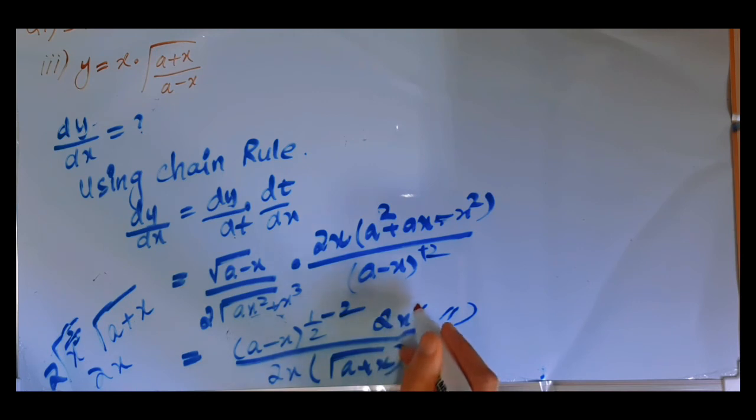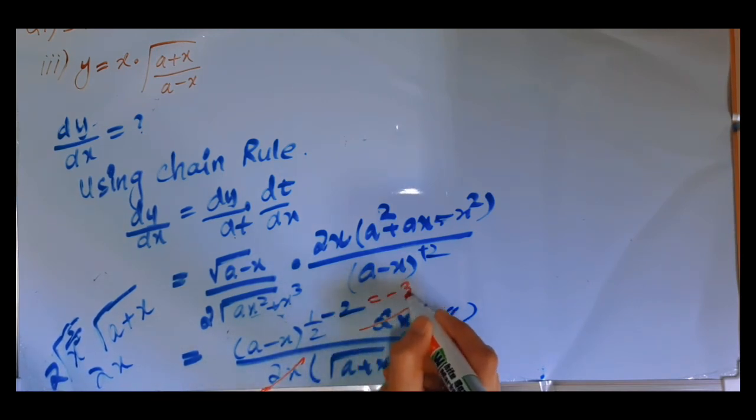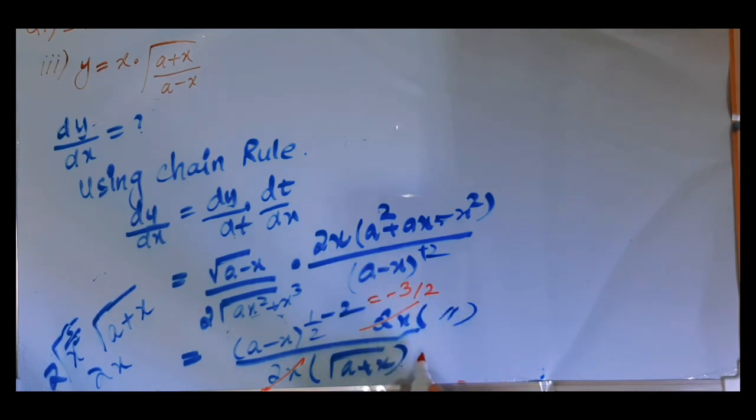So here this term will be cancelled out and we are left with minus 3 over 2. When it comes down, it will be plus 3 over 2.